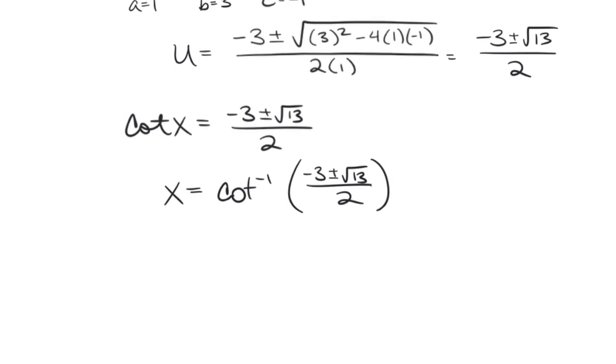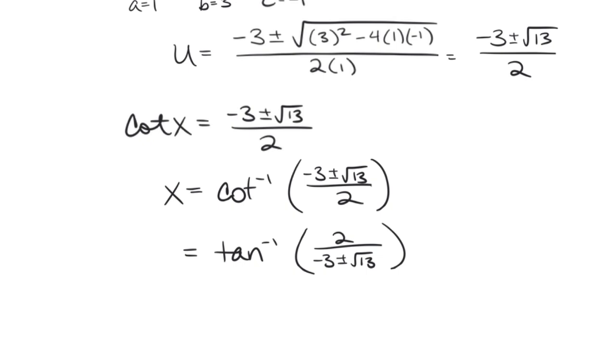Okay, but still cotangent? No. Tangent. So remember, since these are reciprocals, their inverses are still reciprocals. So we can do the reciprocal of what was inside the cotangent function for tangent inverse. So it's just tangent inverse?